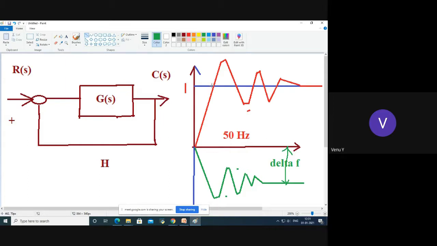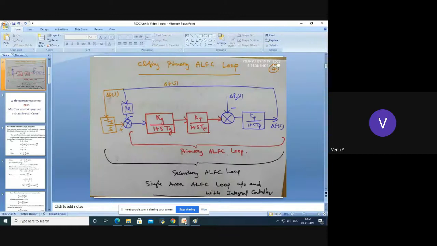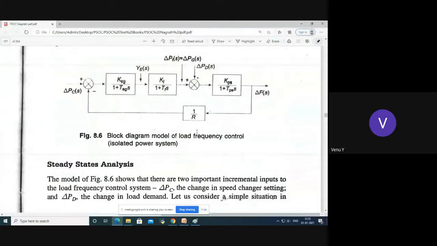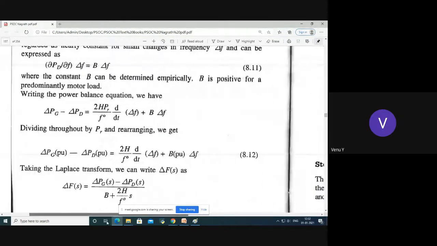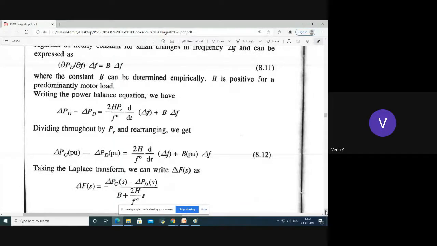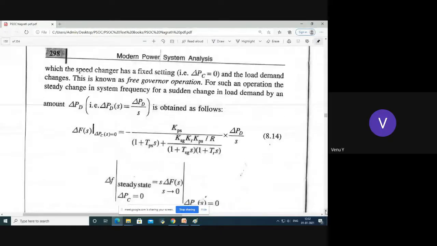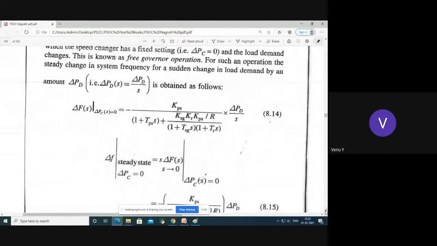Yesterday we discussed in the last class that by changing the droop characteristics of your system, you can get the rated frequency at full load or 100% load. Okay, so let us look at that.